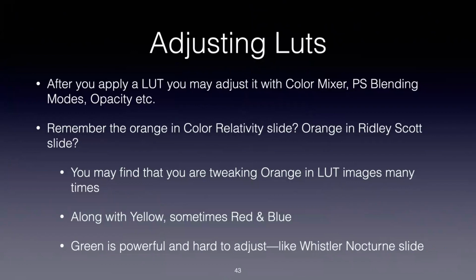One of the things you may find as you start using this is that orange is something you usually have to adjust, at least I have to, to get the looks that I want in my photographs. You may find you adjust yellow, sometimes red and blue. You may also find that green, which color photographers complain about a lot, is really difficult to adjust in any photograph and get that straight photograph that you like.